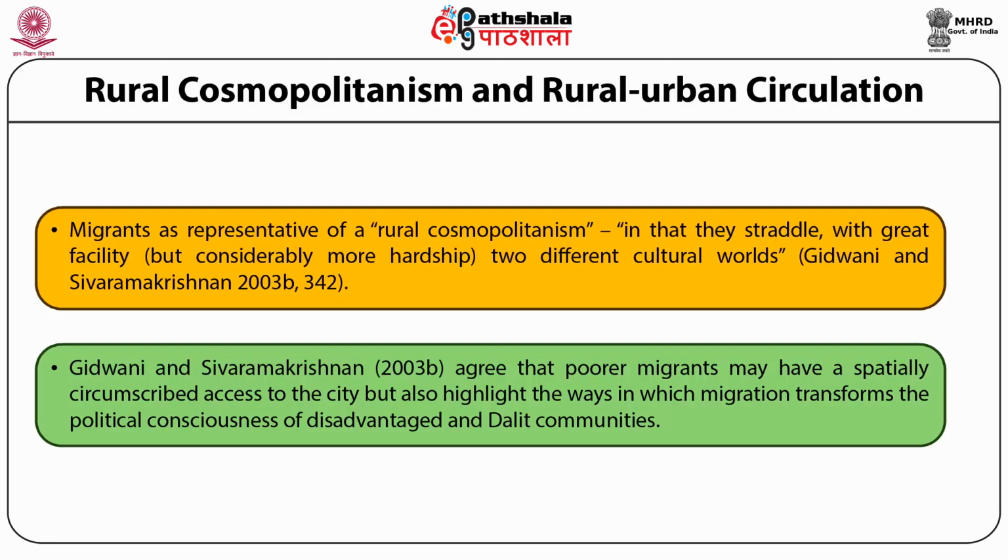These authors contrast the plebeian cosmopolitans, such as the domestic workers who migrate between Chennai and their homes in surrounding villages, and the patrician cosmopolitans who retain a foot both in the city and the village. Gidwani and Sivaramakrishnan contend that circular migration bridges the divide between the spaces of the conventionally urban and rural.